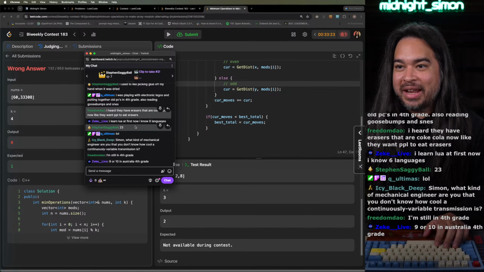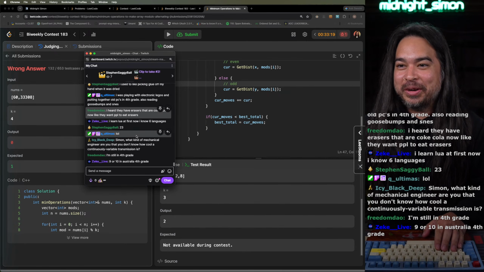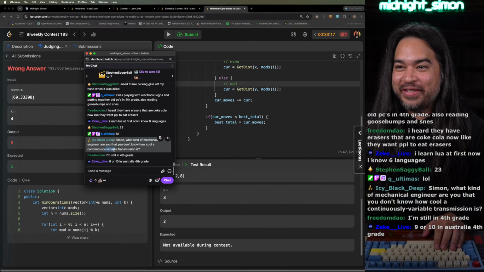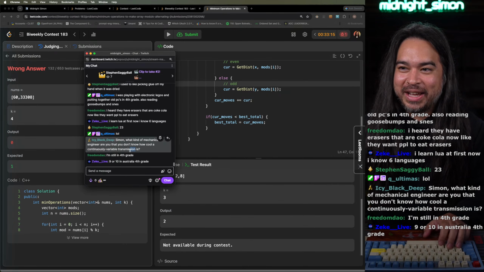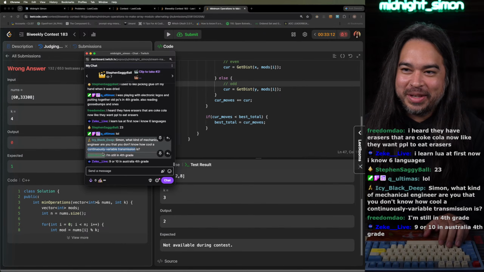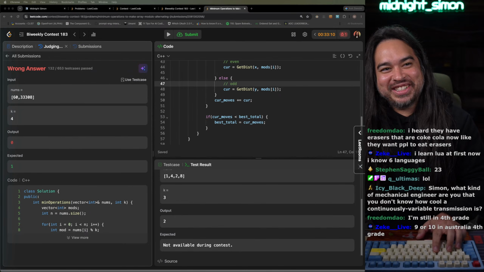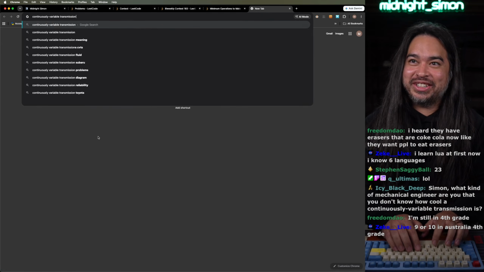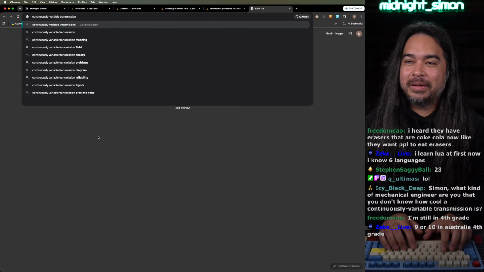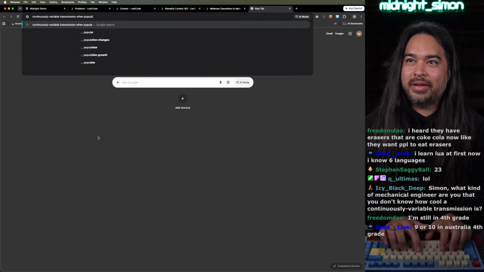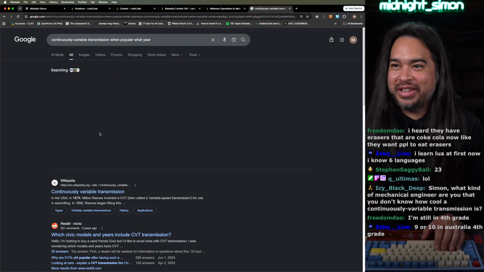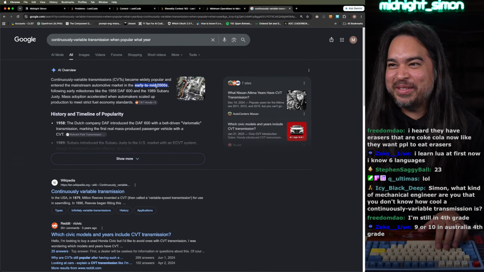What kind of mechanical engineer are you that you don't know how cool a continuously variable transmission is? Man, when did these come out, man? Because I'm not a mechanical engineer anymore. What year? 18. What?